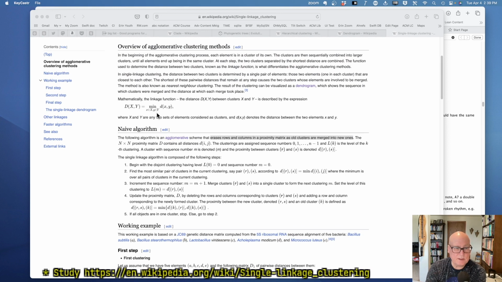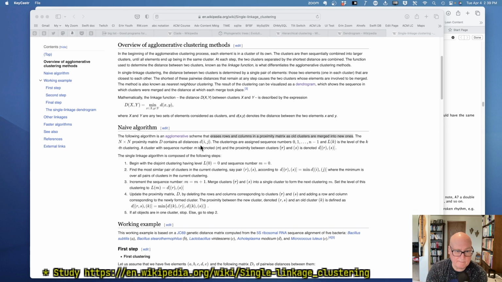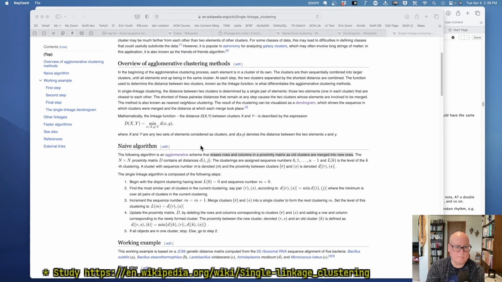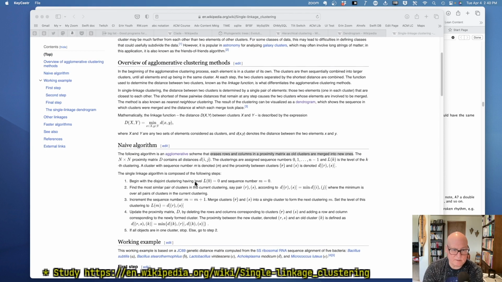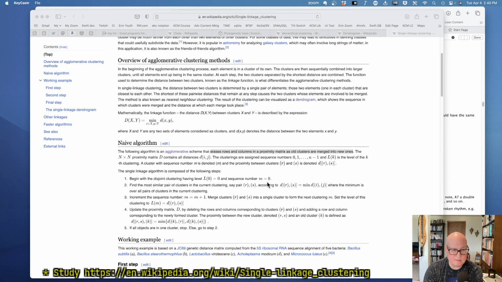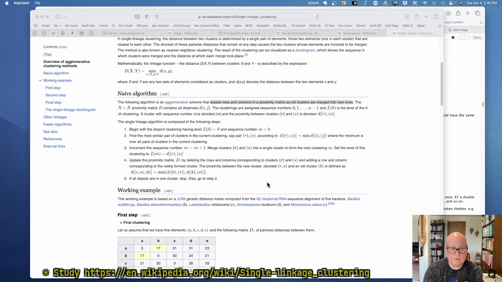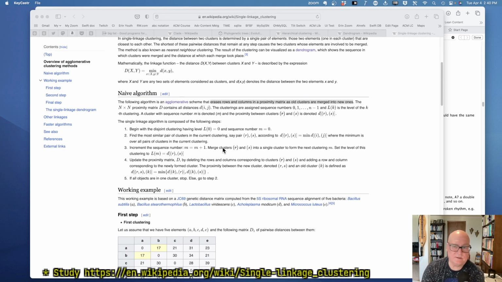The distance between clusters, the distance between items. Okay. Begin with the disjoint clustering. Level 0 equals 0. Sequence number m equals 0. Find the most similar pairs of clusters. Okay.